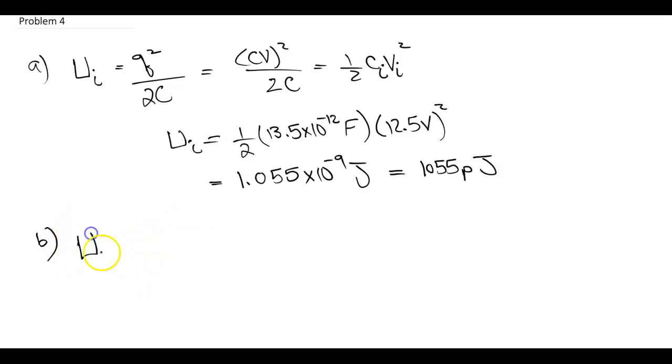afterwards? So now we have final potential energy. We know that that's putting the slab in. Let's call this initial, call this final: charge squared over 2C final. And then we put all the initials on part 1.